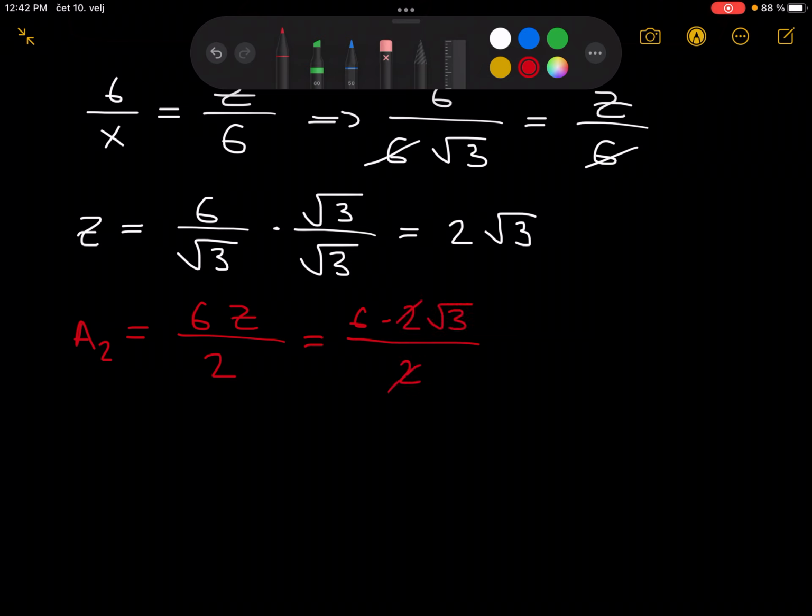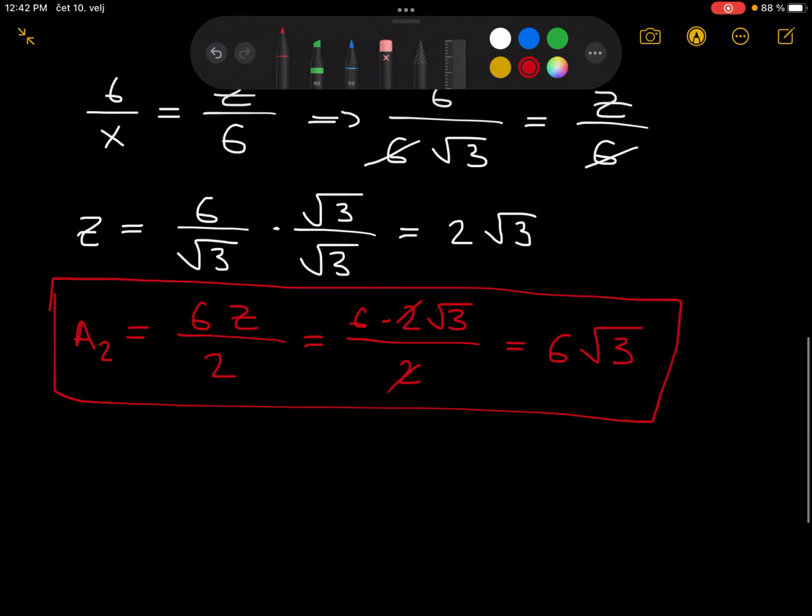So that's basically going to be equal to 6 times the square root of 3. That's another part of our answer.